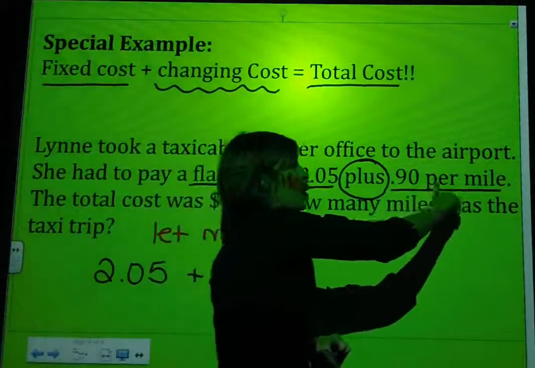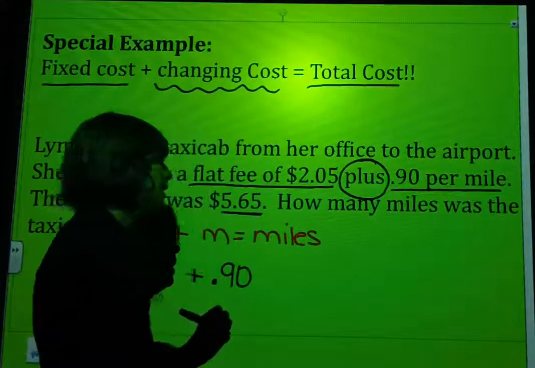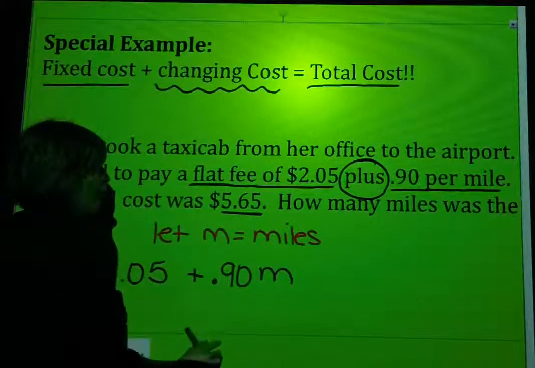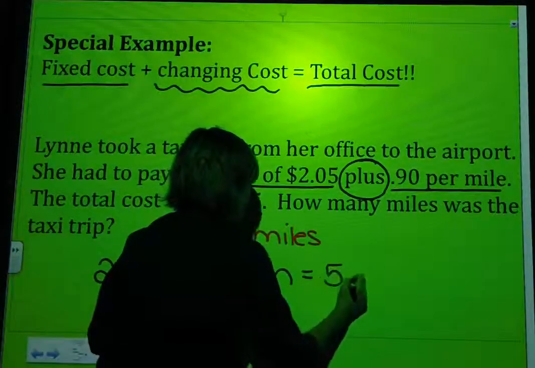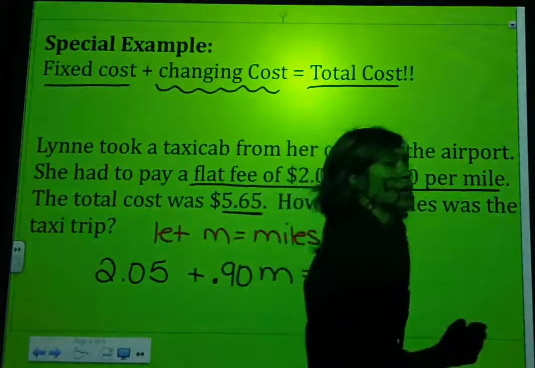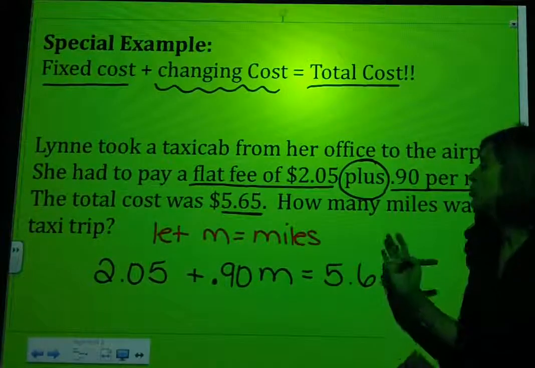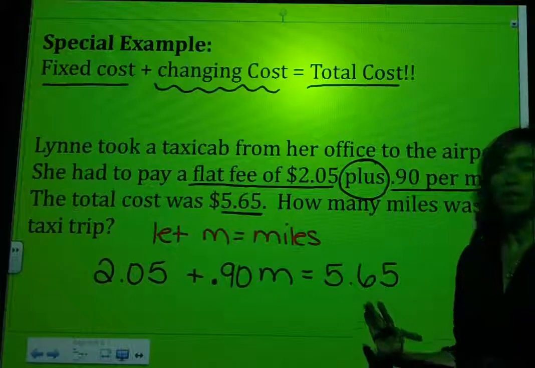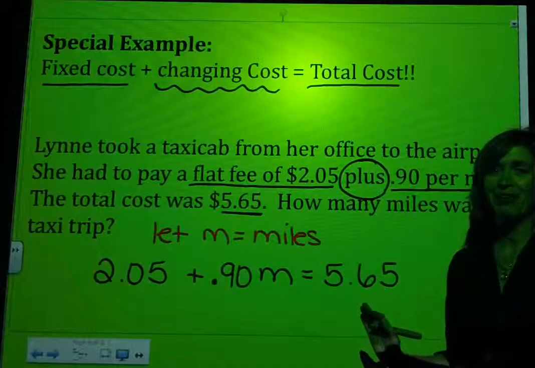Hopefully you know the word per mile. Per means multiply, so I multiply it by the miles. So 0.90 M equals 5.65. Okay, so what I'd like you guys to do is solve that and bring the answer to class, because I want to make sure that you're okay with subtracting and dividing by decimals.